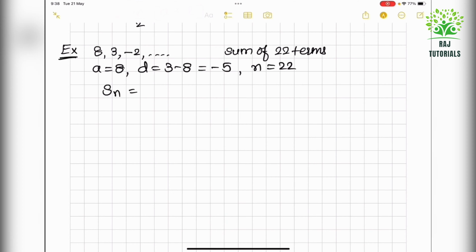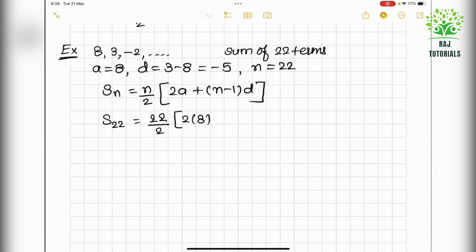So, Sn equal to n by 2 into [2a plus (n minus 1)d]. This is the general formula. Now, here S22 will be 22 upon 2 into [2 into 8 plus (22 minus 1) into minus 5].